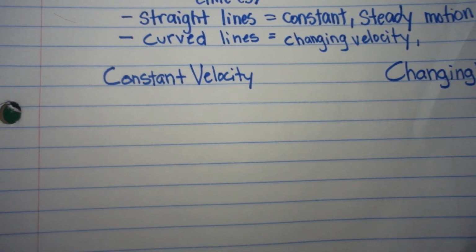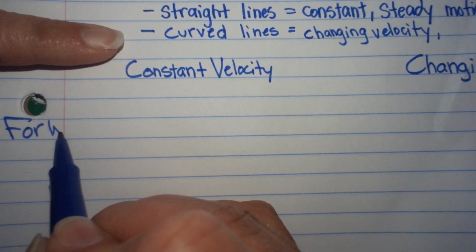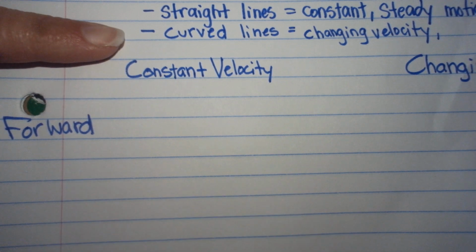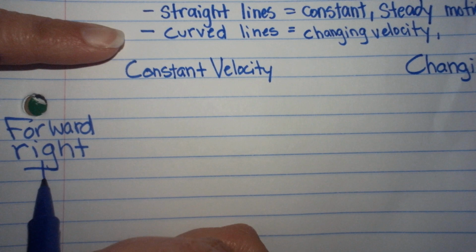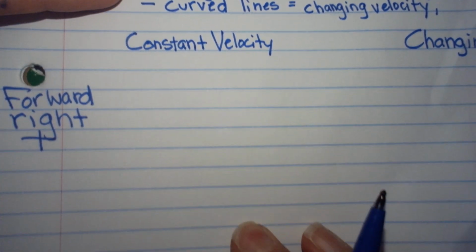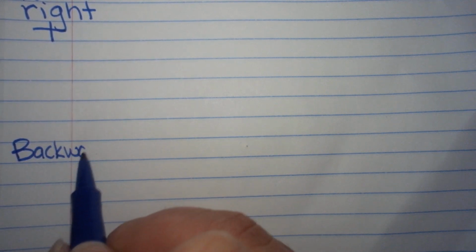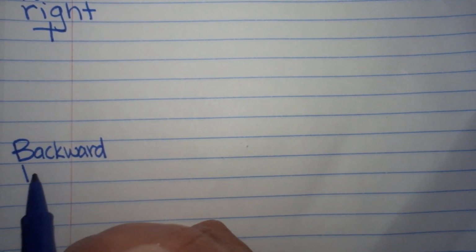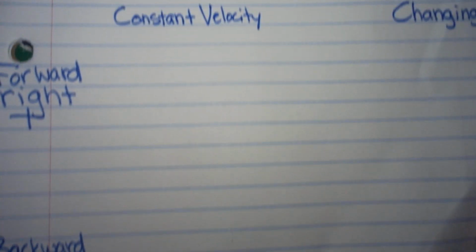And on this side of my graph, I'm going to say forward or right or positive. And then we'll come down here and talk about backwards. Or left or negative.